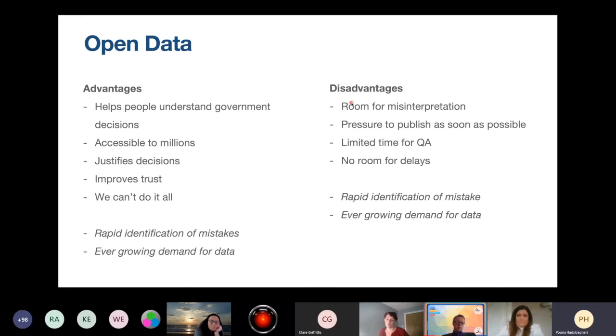And there are disadvantages associated with this. So there is room for misinterpretation. The more data you release, the more people have the opportunity to misinterpret them. There's a constant pressure to publish as soon as possible, so different data as they become available, and we have limited time to do QA.